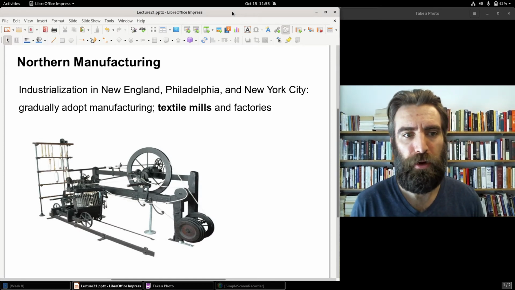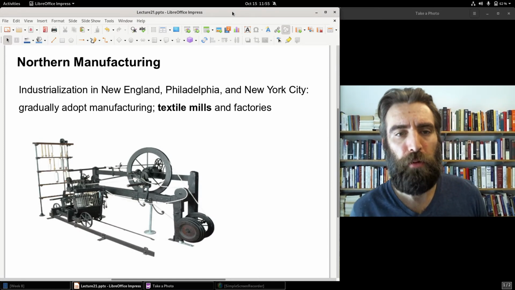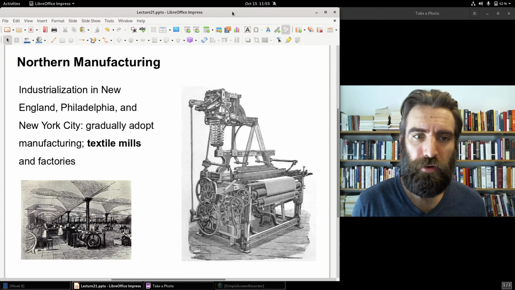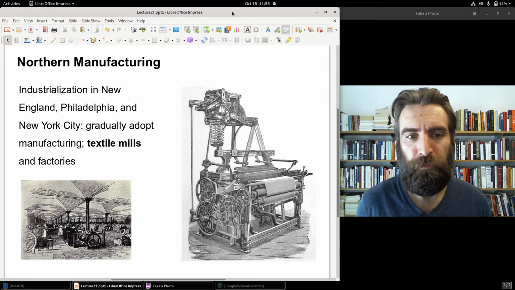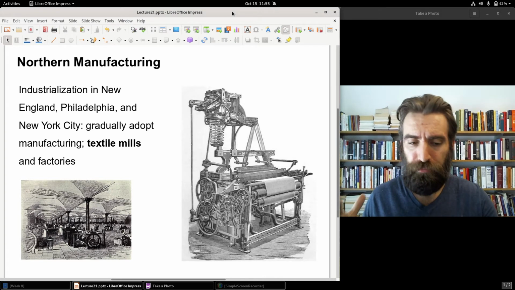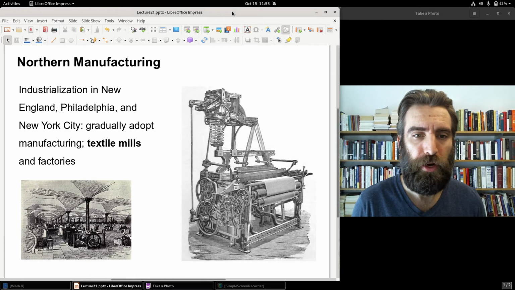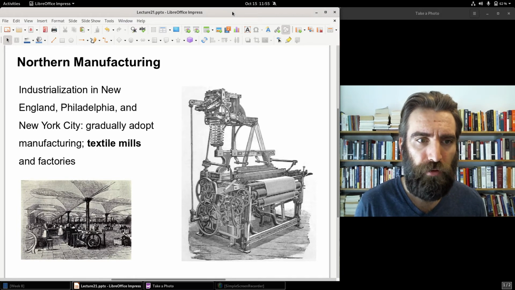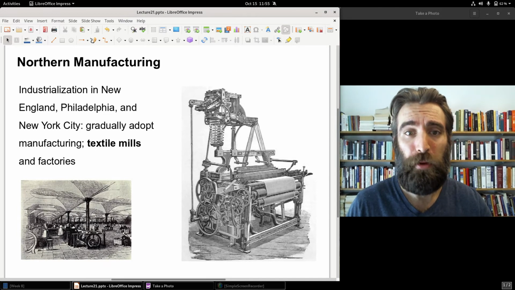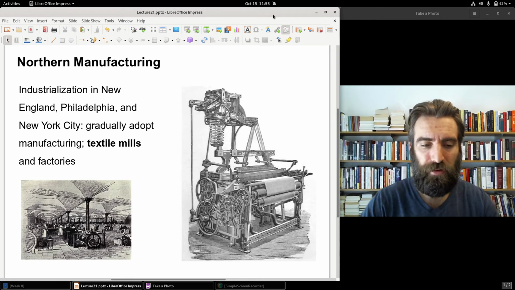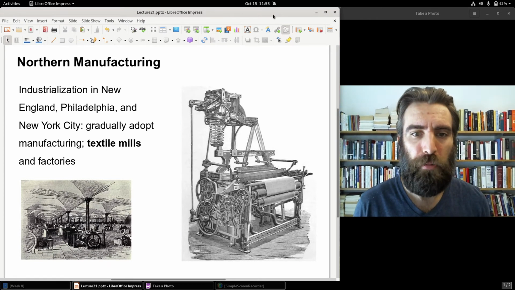And they rely upon new machinery, invented at first in England, like the power loom, but now adopted in factories within the United States. Factories, textile mills, and expensive capital equipment like the power loom require lots of investment, lots of money, finance.